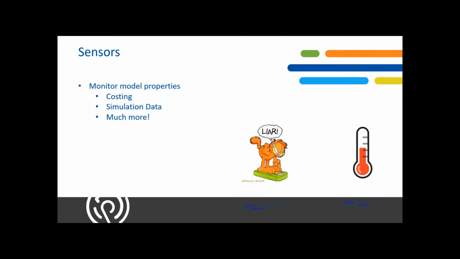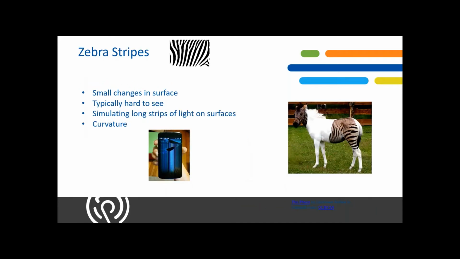So one of the common ones are the costing, the simulation data, even math as well, to have a sensor to evaluate and monitor the weight of your part, even for, once again, temperature and simulation. So quite heavily used.